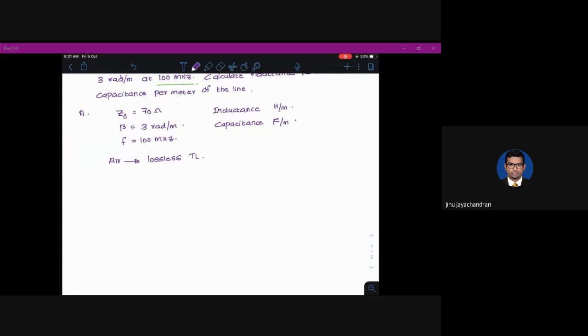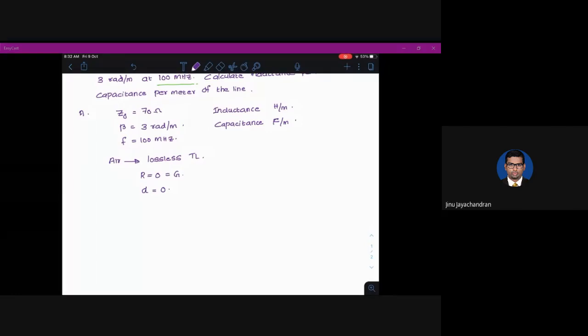Since it is a lossless transmission line, the values of R, resistance, and G will be equal to 0, as we have already seen. And the attenuation constant alpha will also be equal to 0. I think we derived this in the third or fourth or fifth class. So R and G are 0, and alpha is 0.